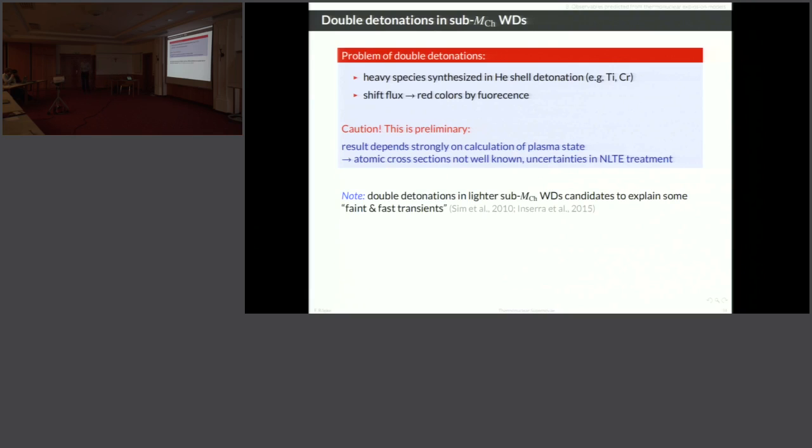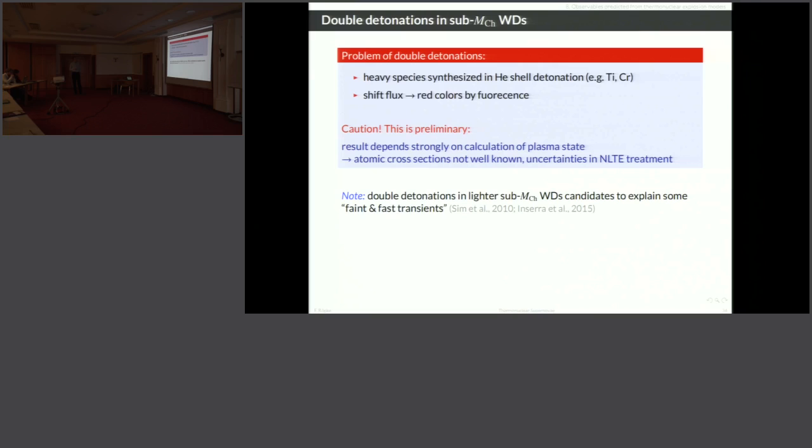Okay, one side remark, because I actually named this lecture course Thermonuclear Supernova Explosions. I did not say type Ias. In principle, it's possible that such scenarios also give rise to other transients that are not classified as type Ia supernovae. These faint and fast transients that have been observed with larger surveys over the last 5 years or so.